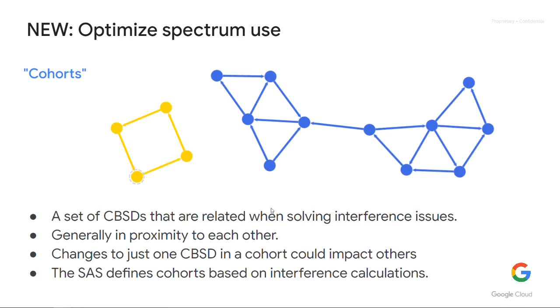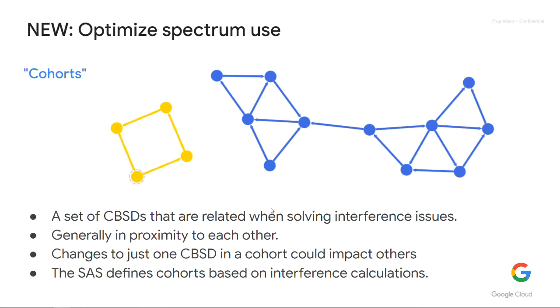These CBSDs are all within your network, and they're interconnected because of their interference potential to one another, right? They're generally in proximity to each other, but when you change the frequency on one, it could impact others because of this interrelationship. And the SAS defines cohorts based on what are called interference calculations.